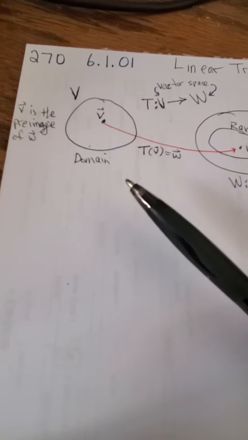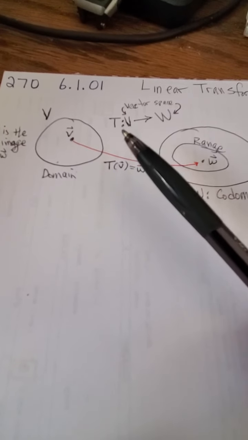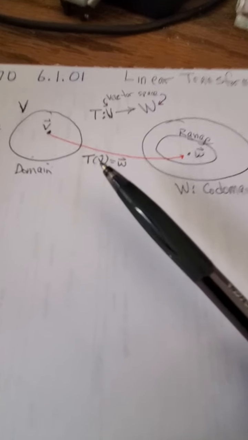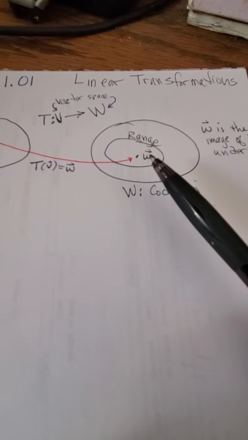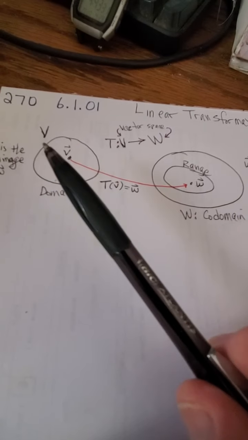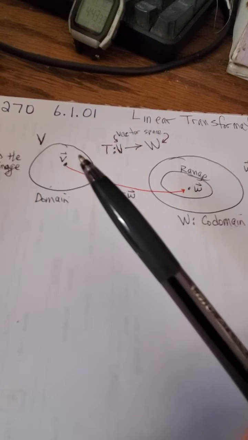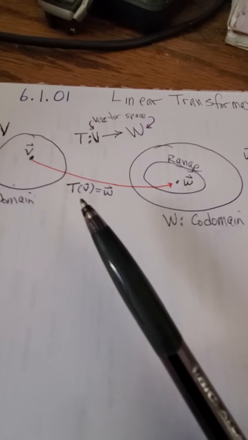So anyway, V is a vector space, and we call that the domain of our transformation T. T is the function or the transformation. T takes the vector V and outputs it into the vector W. Sometimes we call this a map, but we look at it as going from V into W, but otherwise we write it this way.